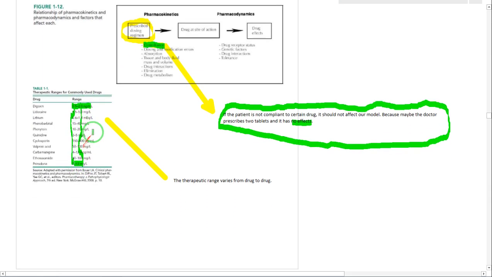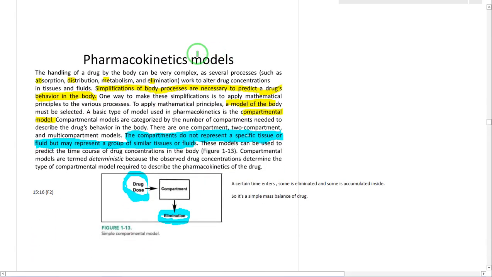Well, sometimes, in order to understand better how the absorption, distribution, metabolism, and the elimination or excretion of the drug happens within the body, we have to do some simplifications to predict a drug's behavior in our body. To do these simplifications and come up with the prediction, we have to consider some compartments.